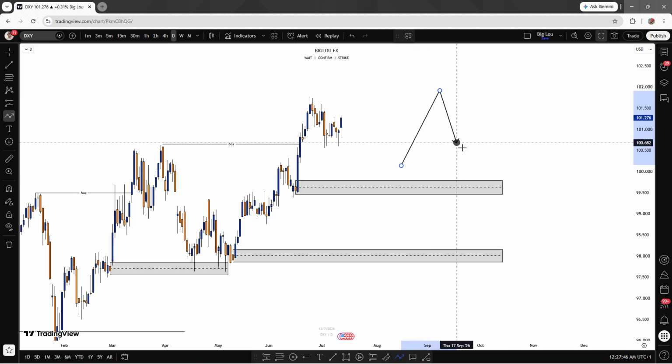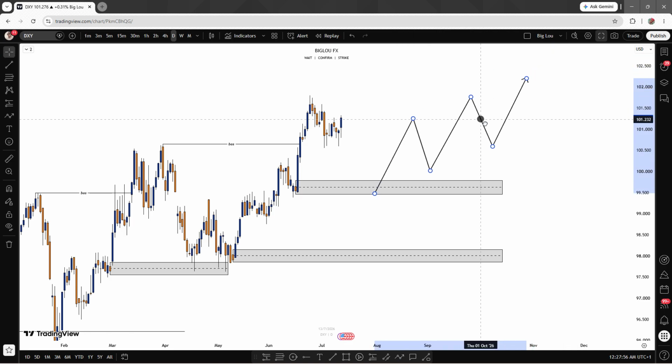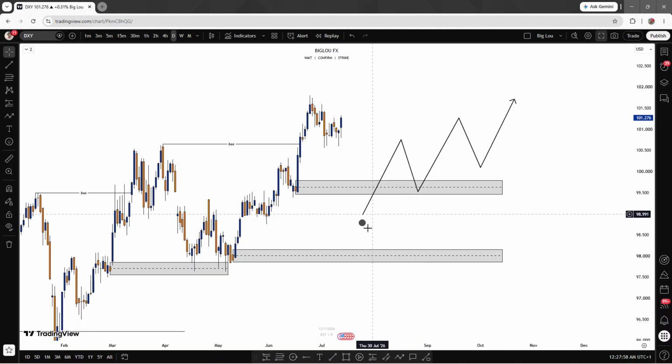The pullback is the corrective move. Another impulse move, another corrective move, another impulse move. So the price action you're seeing here is impulse, corrective, impulse, corrective, impulse. This is the pro-trend move. This is the counter-trend move. Pro-trend, counter-trend, pro-trend.